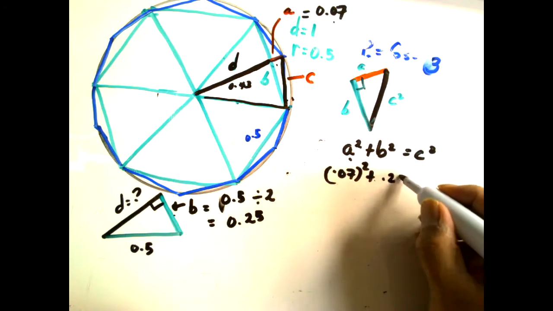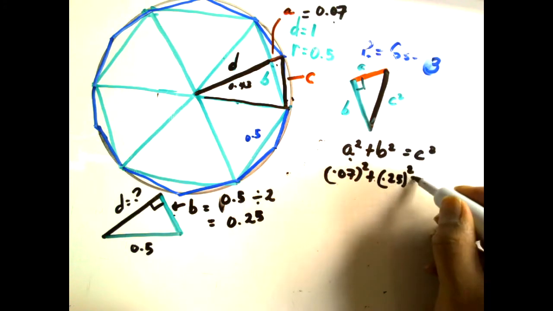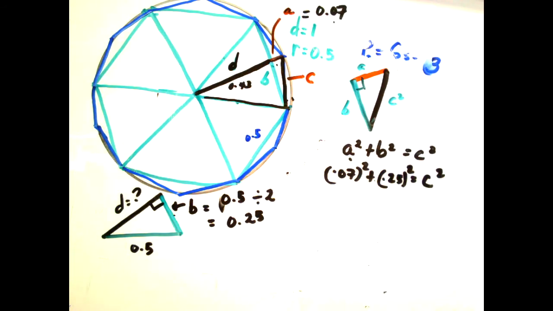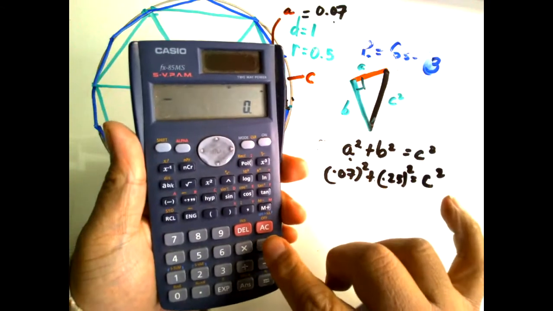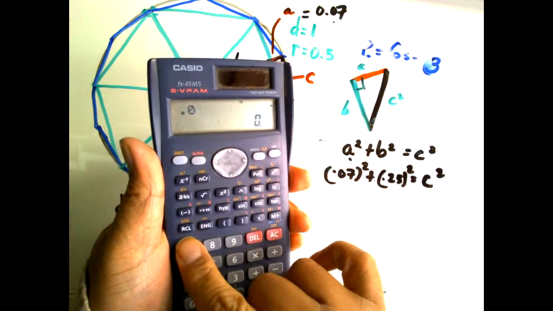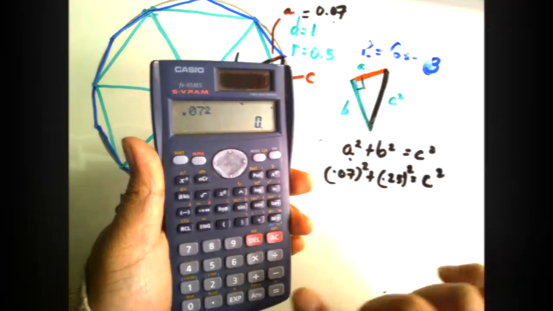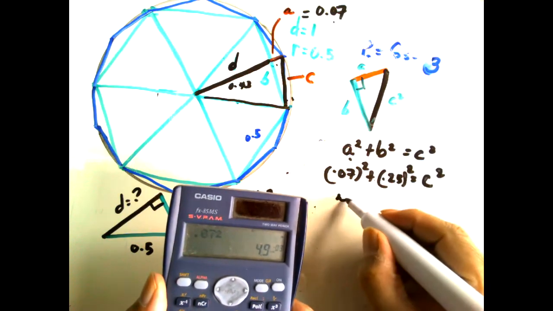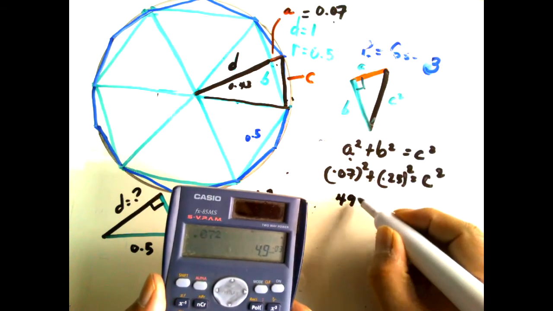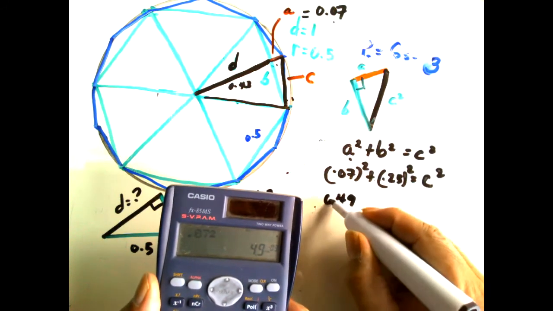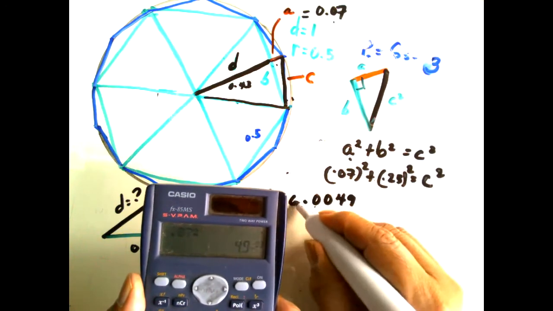So 0.25 squared equals C squared. Of course, some of you wanted me to show you through the calculator, 0.07 squared. So it should be 49 with 2 decimals, 7 times 7, and then 4 decimal places. 1, 2, 3, 4. It should be that.